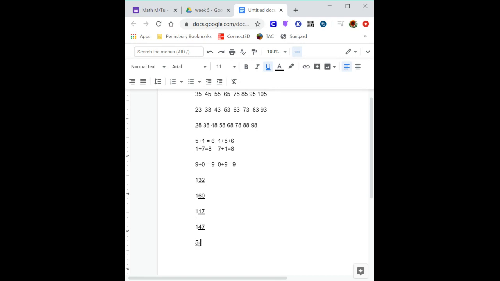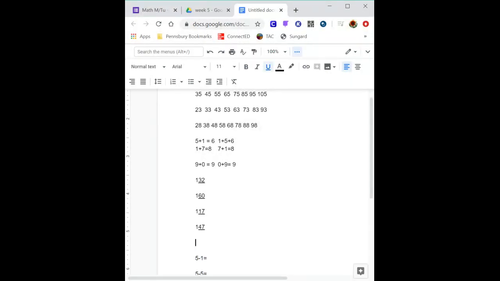Next, we're going to look at some minus 1 facts. 5 minus 1 equals, and 5 minus 5 equals. One of these is a minus 1 fact. Which one is minus 1?